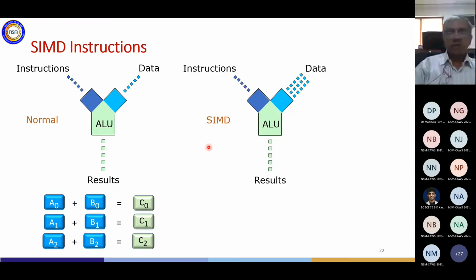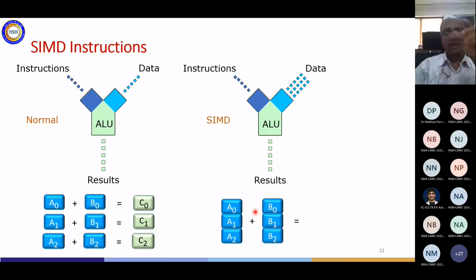In case of SIMD, the instruction is the same, but every instruction has multiple operands: single instruction, multiple data. So you have packed data, A0, A1, A2 in one word, and another word has B0, B1, B2, and in one shot, because you have multiple execution units, you get the three results C0, C1, C2.